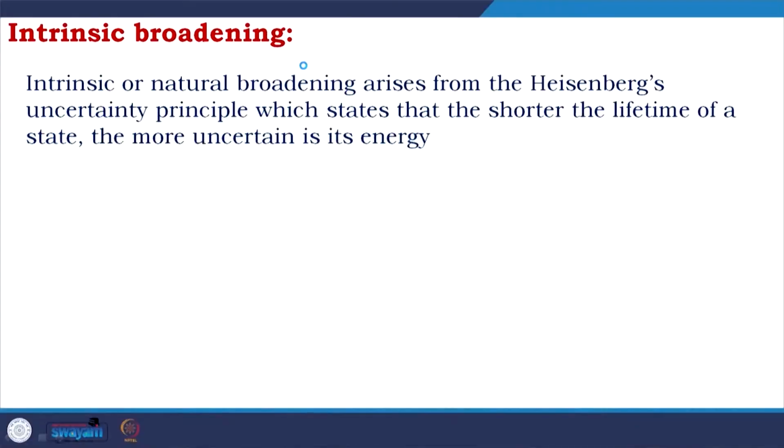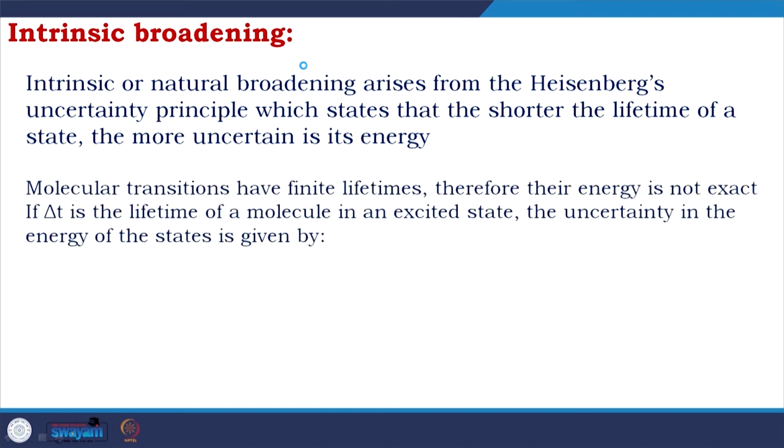Now, intrinsic broadening. Intrinsic or natural broadening arises from Heisenberg's uncertainty principle, which states that the shorter the lifetime of a state, the more uncertainty is its energy. Molecular transitions have finite lifetimes, as we know, therefore, their energy is not exact.